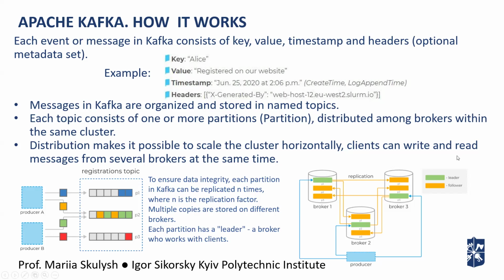So we have a leader partition. We have three brokers. In this example we have three partitions, and each partition is replicated into three ones, and the consumer processes requests from the leader partition.